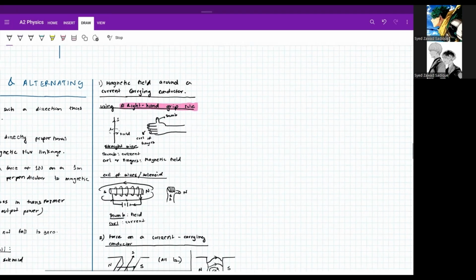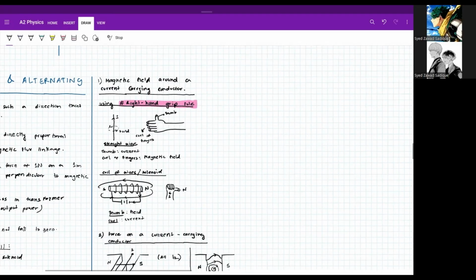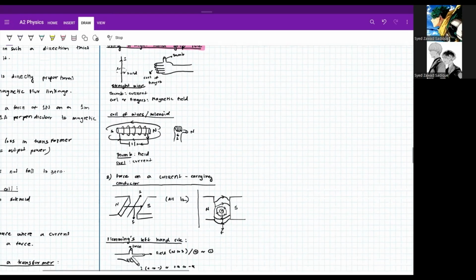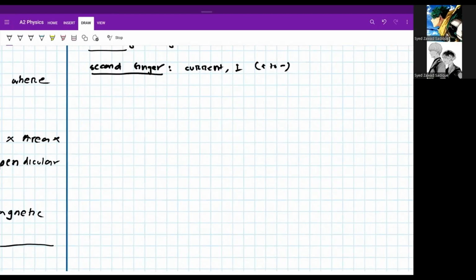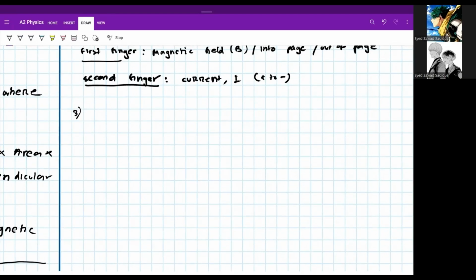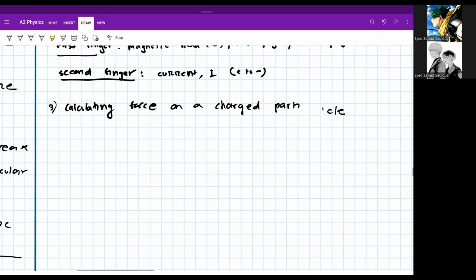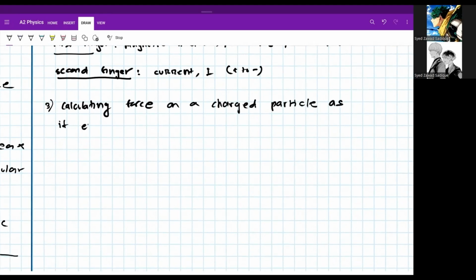Now finally we'll be moving towards all calculation-based concepts that you need in order to solve mathematical questions. So first, 3 is calculating the force on a charged particle as it enters the magnetic field.